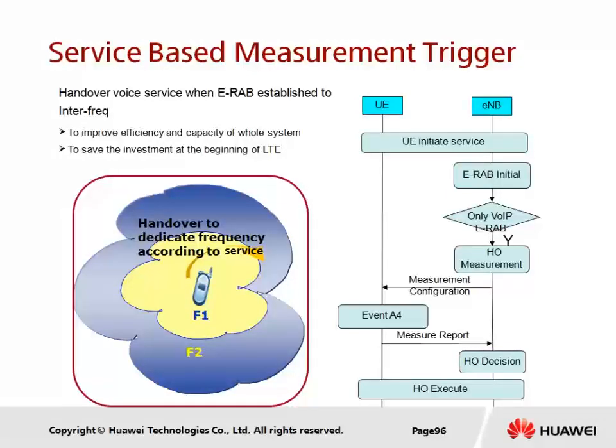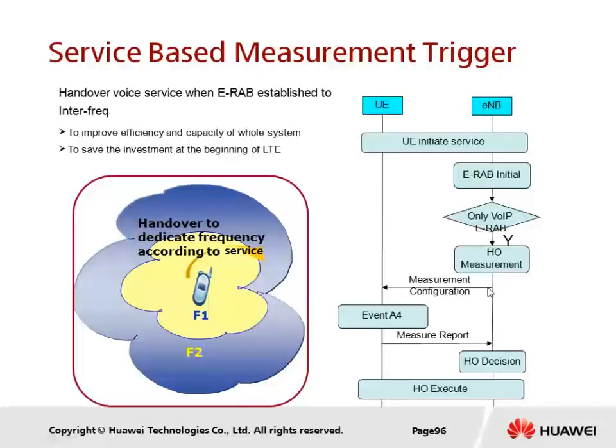So what about service-based measurement trigger? Service-based measurement is triggered right after the user initiates a predefined service, which is usually the VoLTE service. Right after the user initiates a VoLTE service, the eNodeB finds out that there is only one E-RAB assigned to the user, so the eNodeB assigns the measurement gap to the user. The measurement gap will be sent to the user along with the interfrequency measurement configuration.